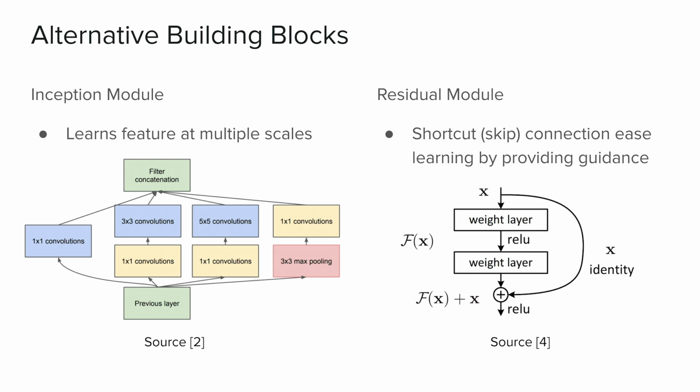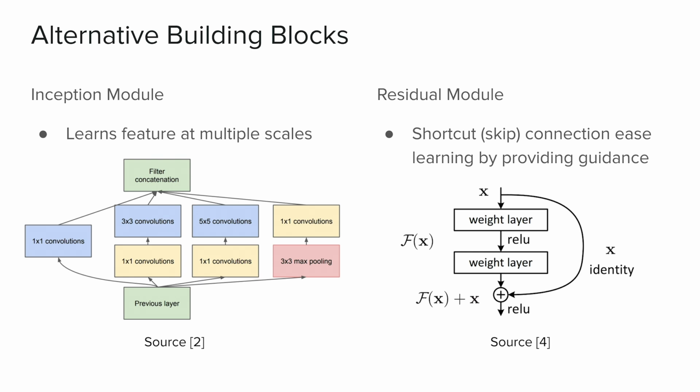You can, for example, have a bunch of convolutions that you run in parallel. So you have one input layer, you run a 1x1 convolution, a 1x1 then a 3x3 convolution, a 1x1 then a 5x5, and you concatenate all of them together. What this does is that it takes a look at just 1 pixel, a 3x3 grid, a 5x5, all of them at the same time. That would be one of these so-called inception modules.